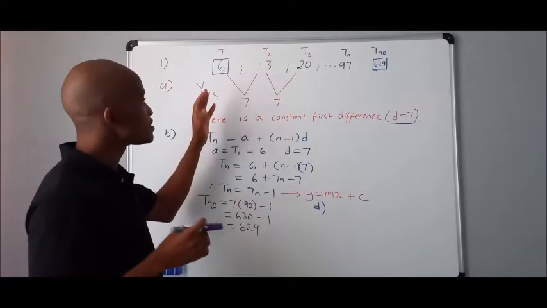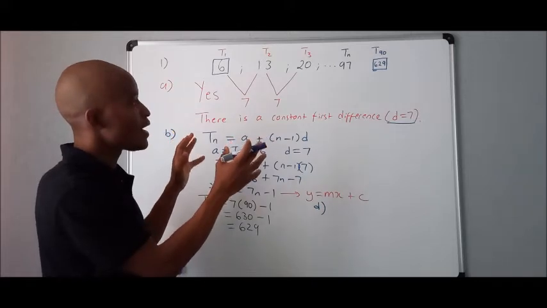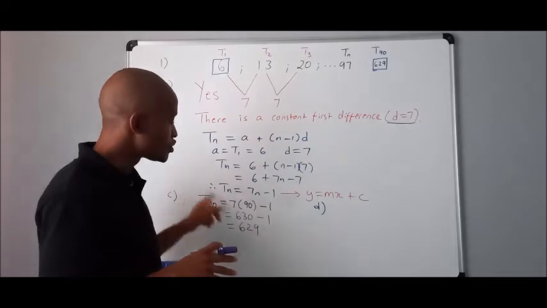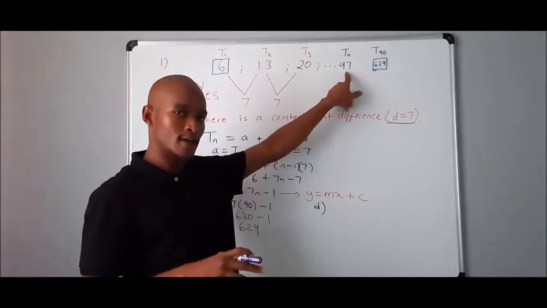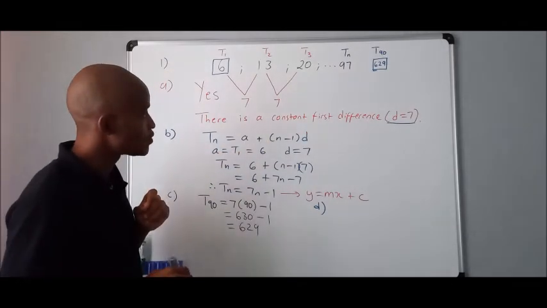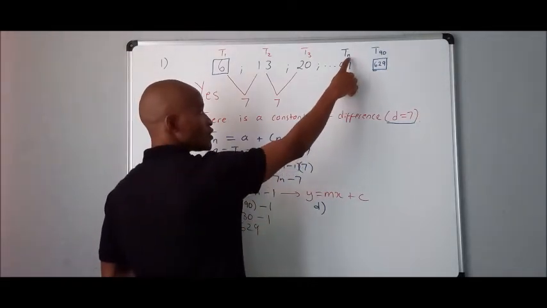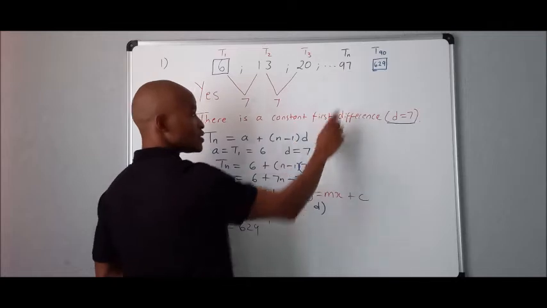So inquiry means now you want to see how numbers fit in and in relation to the others, and use your tool to do what? Get the answer to the given value of the term. So now what do we have? Tn is equal to 97. We don't know the n or the position of this value 97.